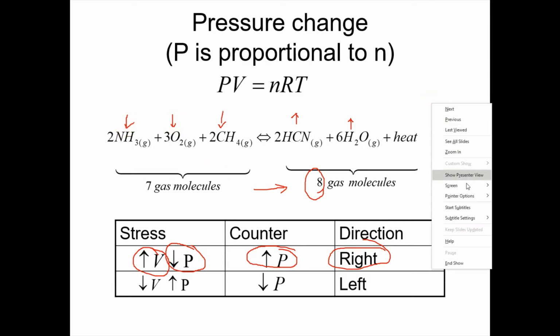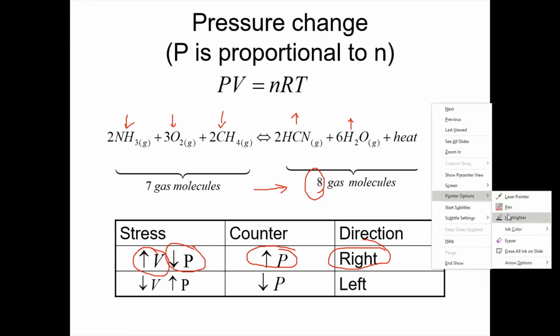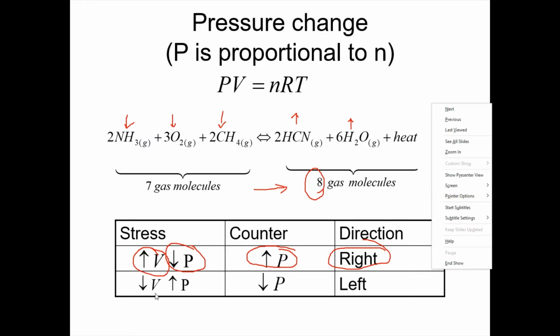That's how you have to think about it. Increase the volume means decrease in pressure, right? Because these are opposites. If the decrease in pressure is your stress, that means the reaction wants to do the opposite, increase the pressure. In order to increase the pressure, you got to go to the side with more gas molecules.